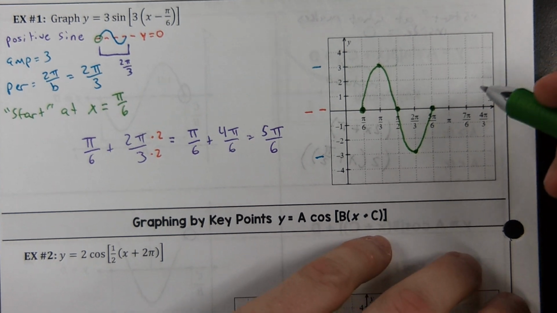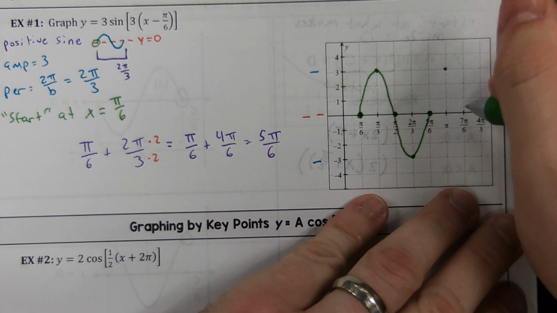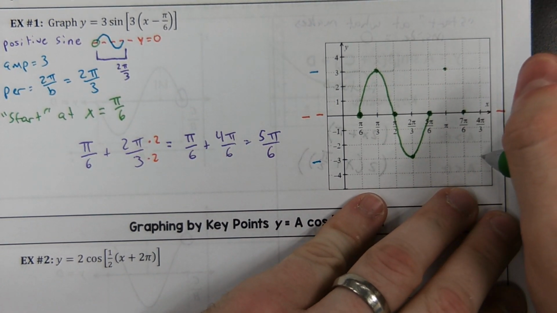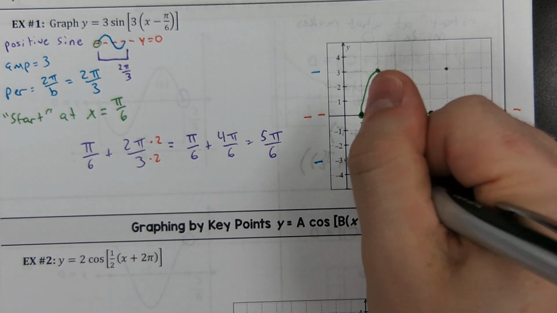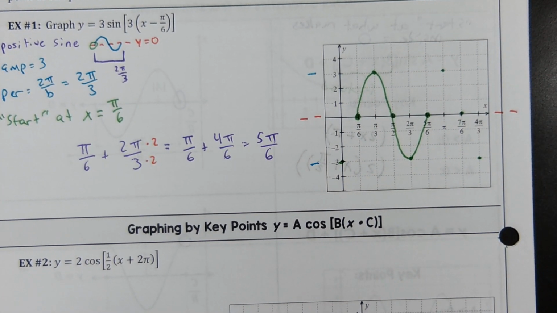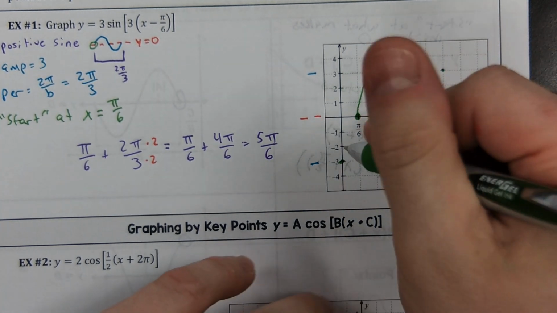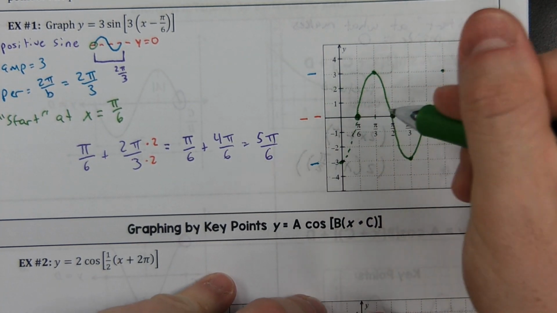Why don't I continue the pattern, and continue the pattern in this direction. Now, here's what I want to do. I want to do that part as a dotted image, just to show you that you didn't have to.